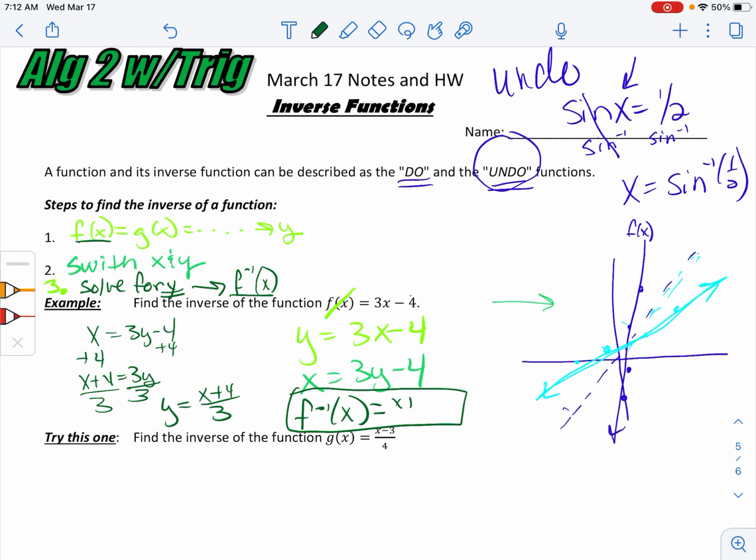And you have x plus 4 over 3. If I rewrote this, I would have x over 3 plus 4 over 3. And if I tried to graph that, I would need to go about 1 1/3 up, go up 1 over 3. And you can see that that's kind of what my slope was, up 1 over 3. So that's where it created that line.